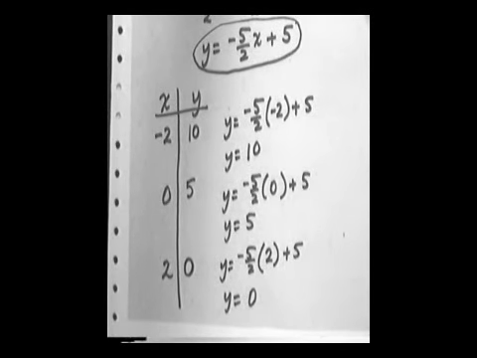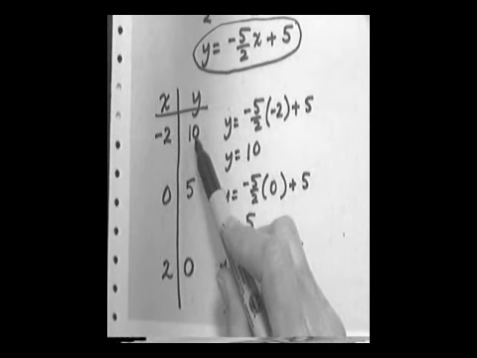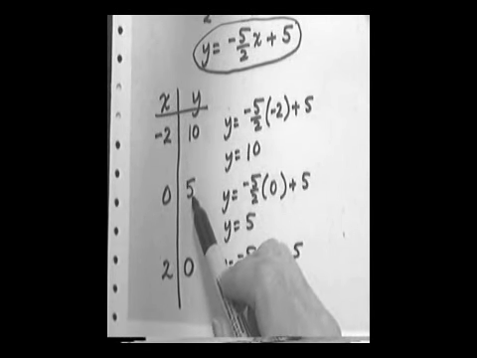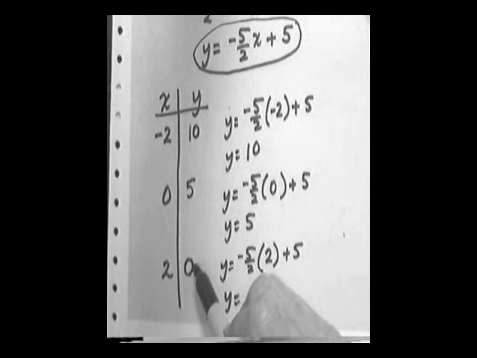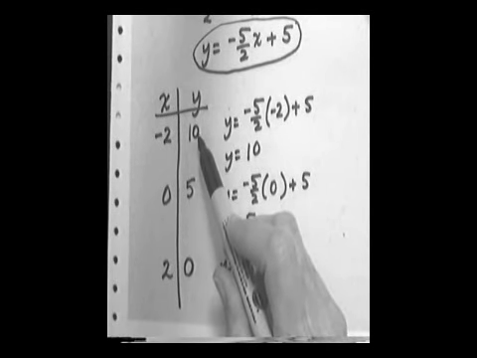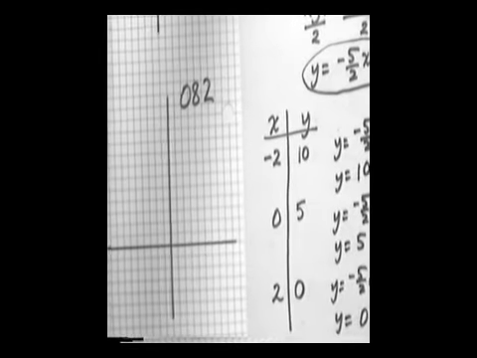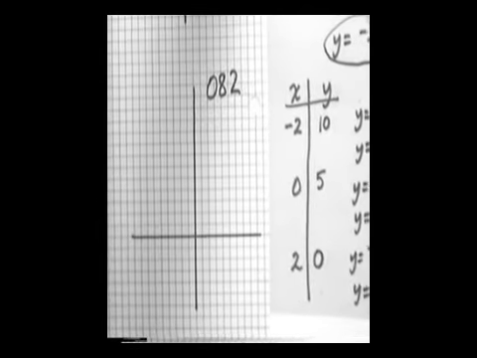Let's put these on the graph. Notice that the y values we're working with are +10, 5, and 0. This means that our big excitement with y is going to be on the upper part, and so when I draw my axes, I'll leave plenty of room up high.